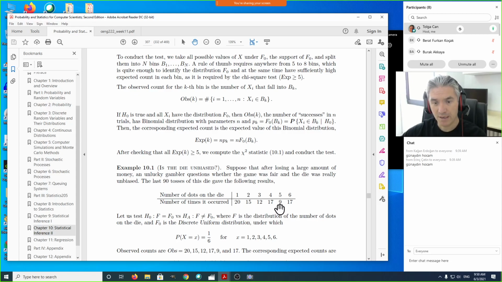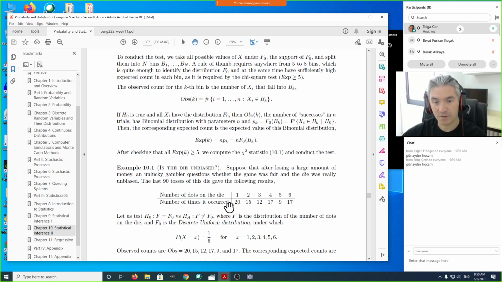As you can see, very few fives compared to ones, which came up 20 times. There are only 9 fives, which means that 1 comes about 2 times more than 5. Okay, but is this significant evidence? In a sample size of 90, is this significant evidence that this die is not fair?